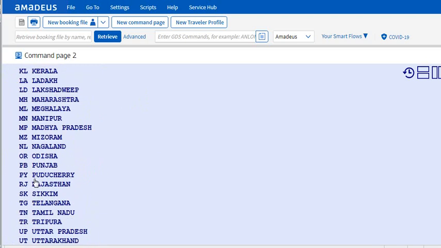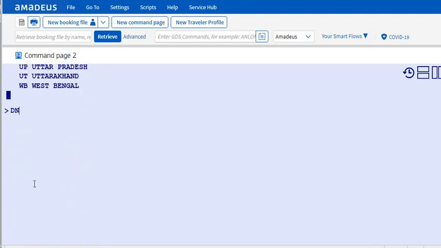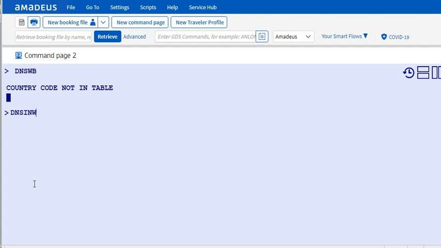So DNS, suppose I know the state code, DNS WB, it would be showing me that no, DNS INWB, it would be showing me that India West Bengal is the state code WB. Okay, so DNS is basically to decode and encode the states of a particular country.